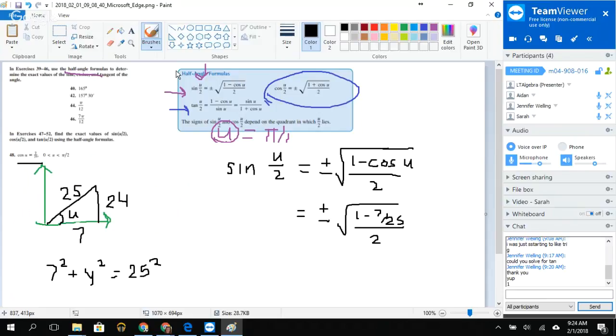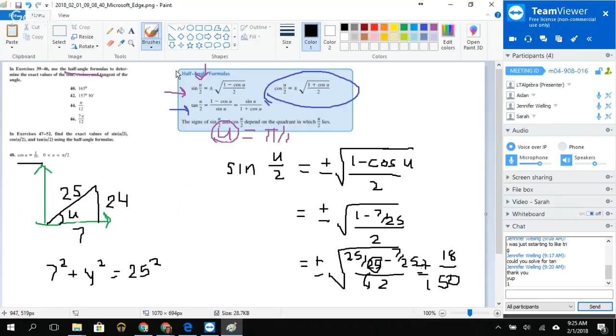So then we have to do our mathematical magic here. We're going to change 1 to 25 over 25 minus 7 over 25, still over 2, square root, plus or minus, and we end up with 18 over 50. I did a couple simplifications there. I subtracted 7 from 25 on the top, the numerator, and then I took the denominator 25 and moved it down and multiplied by 2.